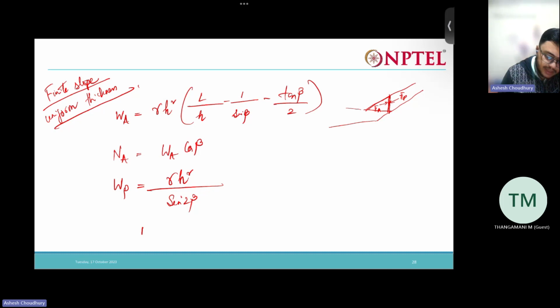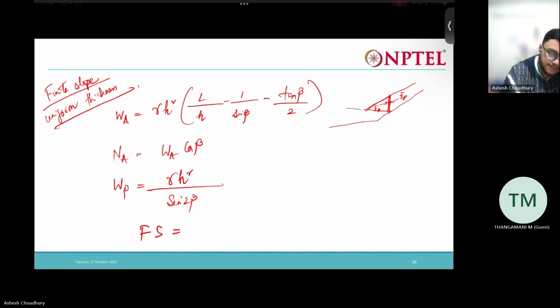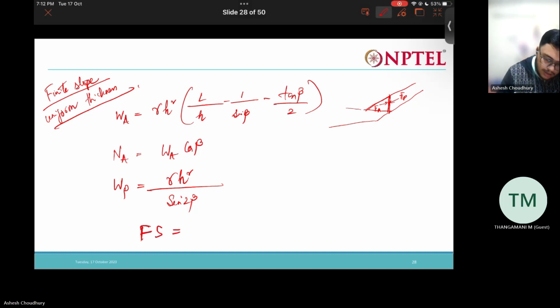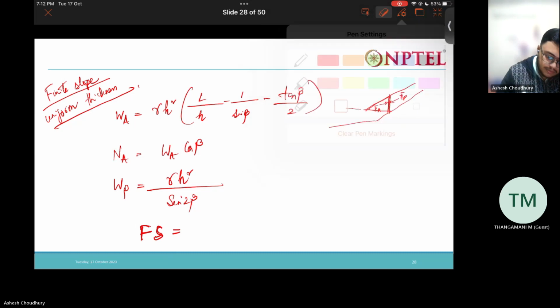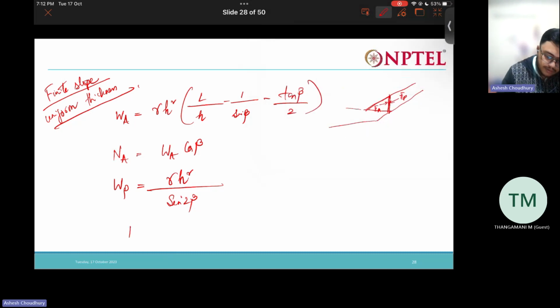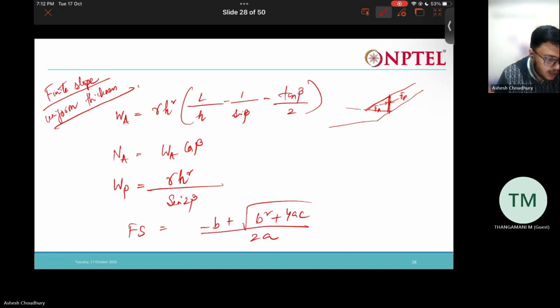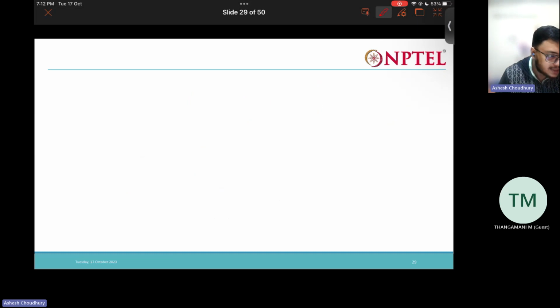The factor of safety is given by minus B plus the square root of B squared minus 4AC, divided by 2A. Now what are A, B, C? A is WA.